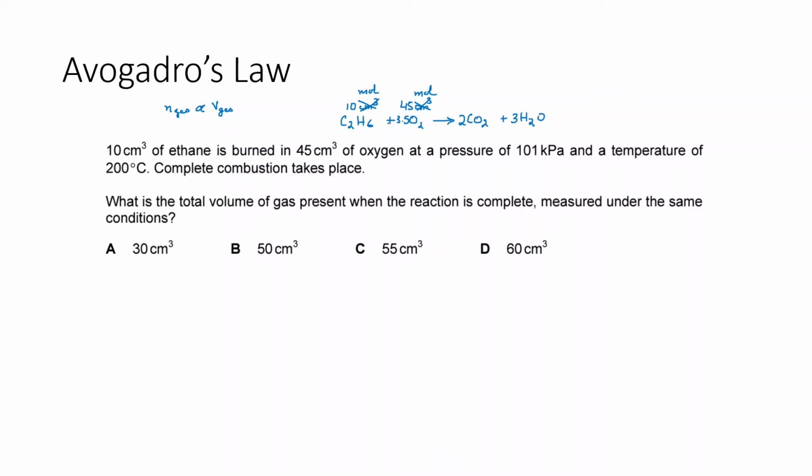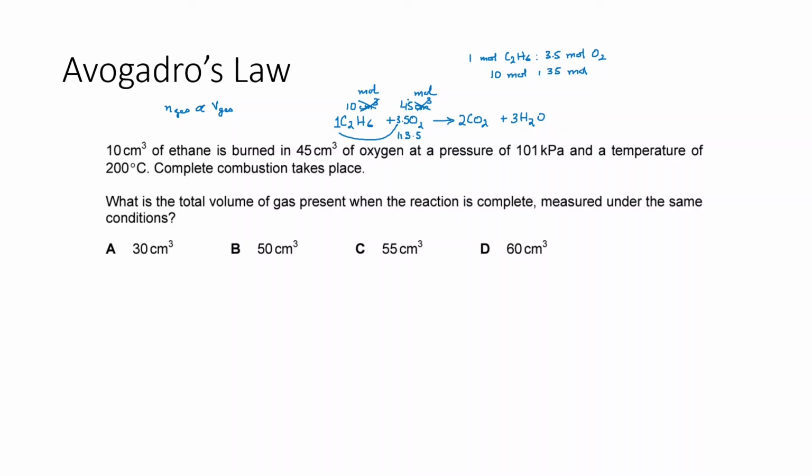So we have this ratio of C2H6 to O2, which is 1:3.5, right? So if I have 1 mole of C2H6, that reacts with 3.5 moles of O2. Then if I have 10 moles of C2H6, then it should react with 35 moles of O2, right?